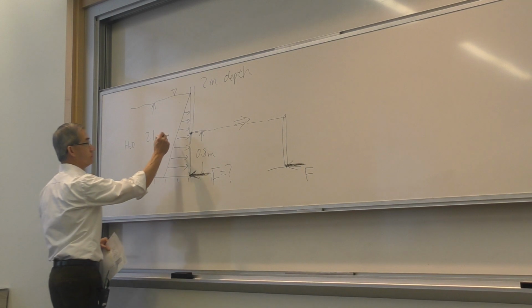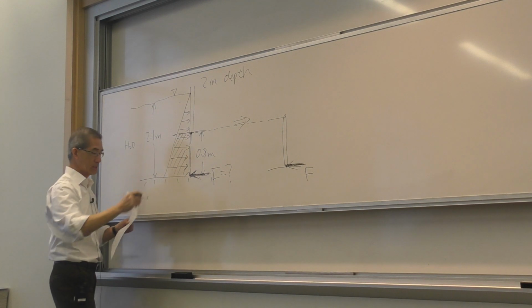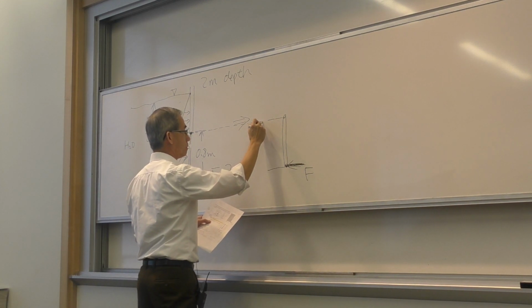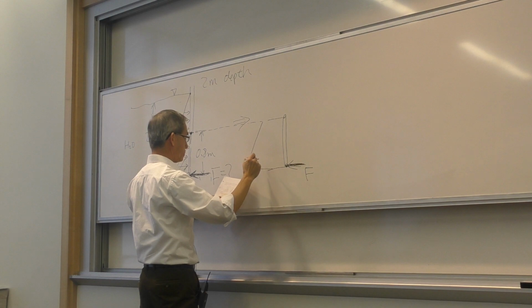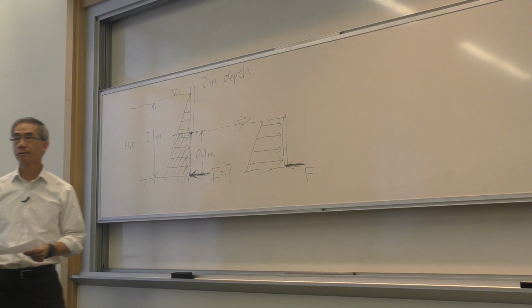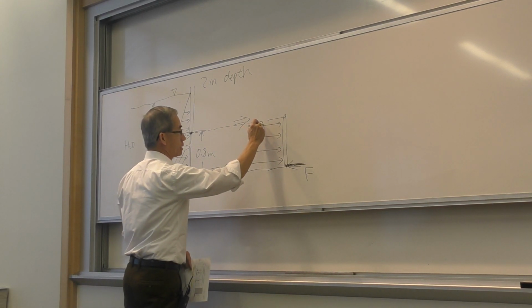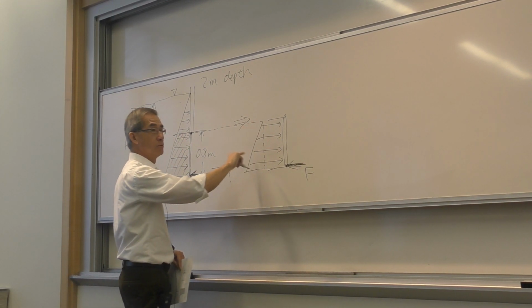Basically, take that part and translate that over to here. Pretty straightforward. Do you agree? Anyone have a problem visualizing this? From here on, my only twist to the problem is I'm going to take this trapezoid and use divide and conquer, or superposition. I'm dividing it up into two pieces.